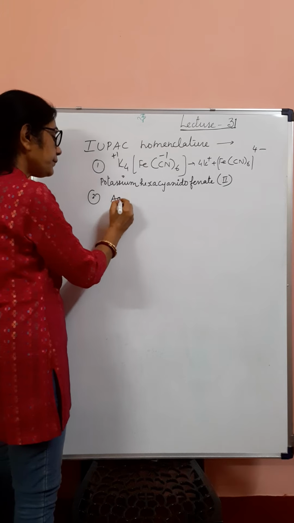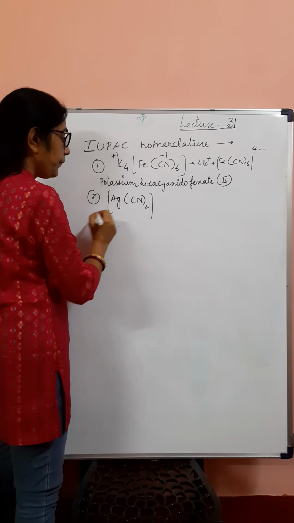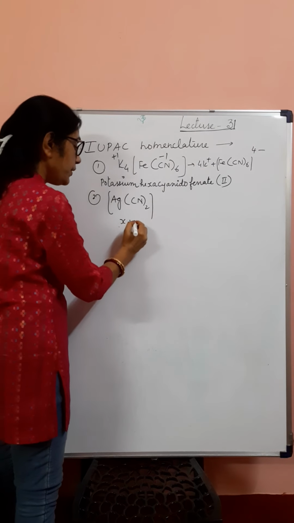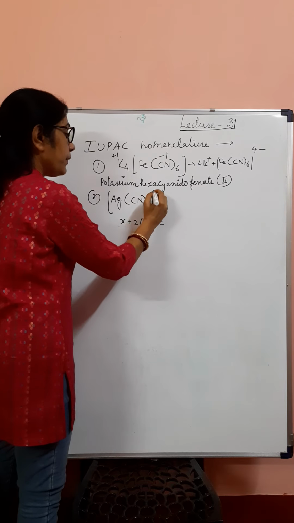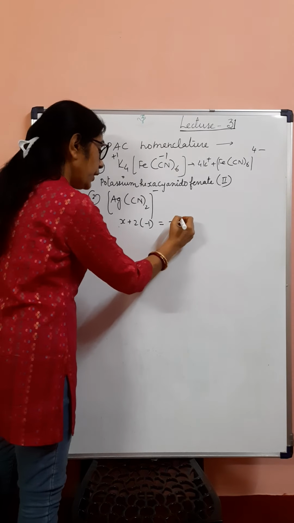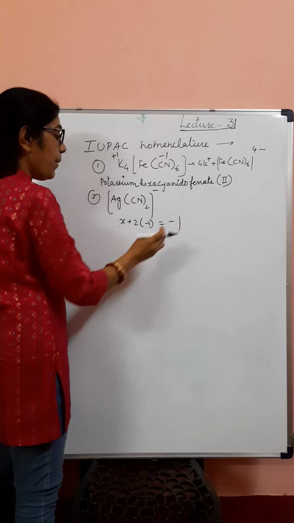Similarly, [Ag(CN)2]-. In this case, X plus 2 into -1 is equal to the minus charge, so this is equal to -1. So X minus 2 is equal to -1.